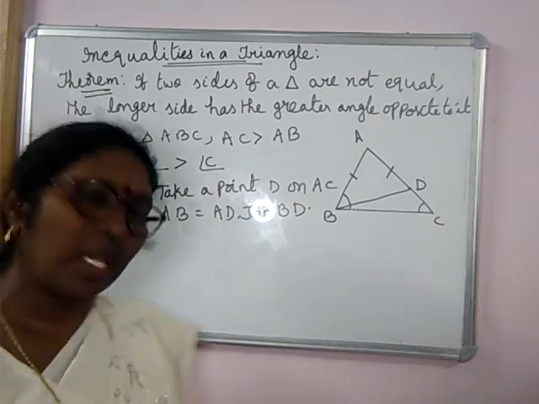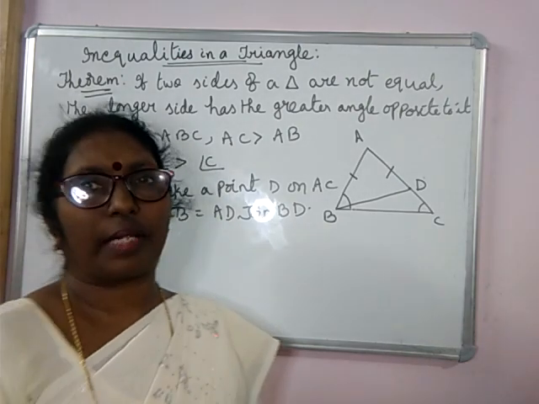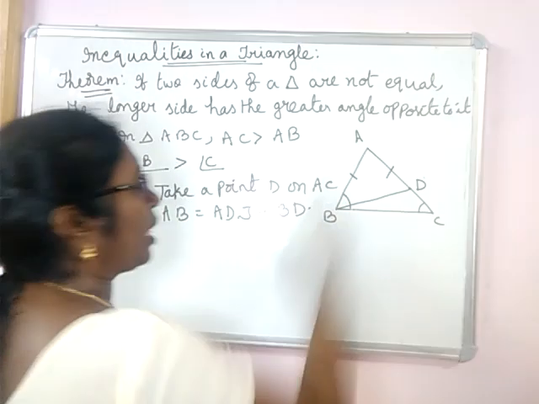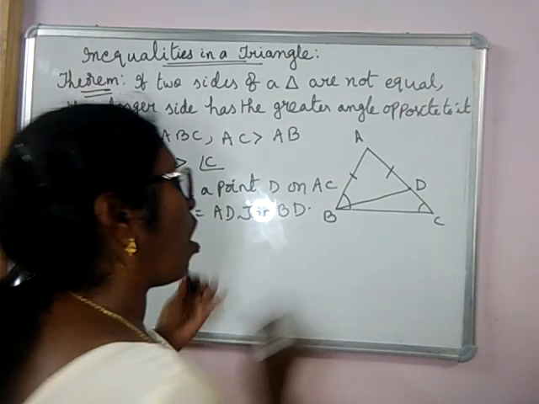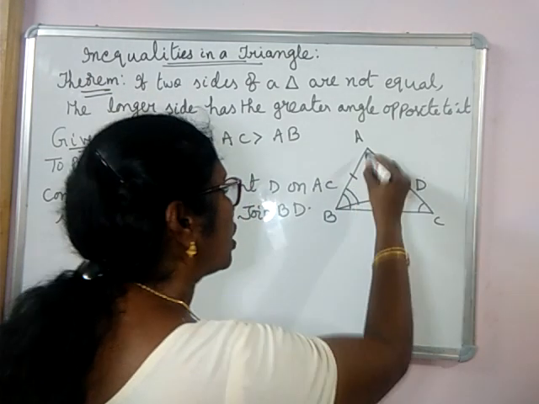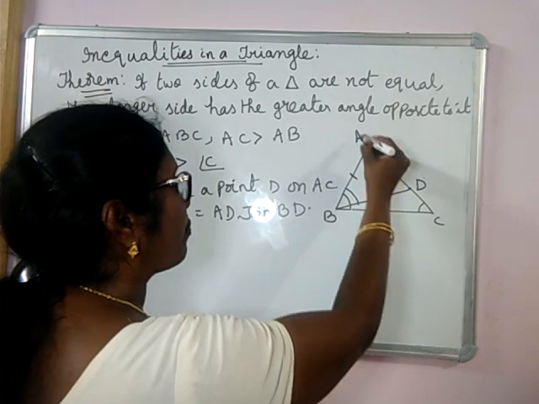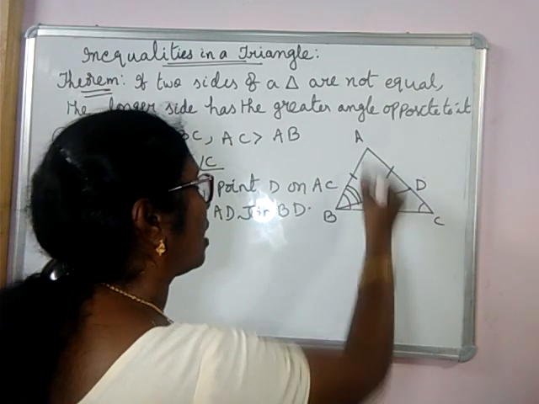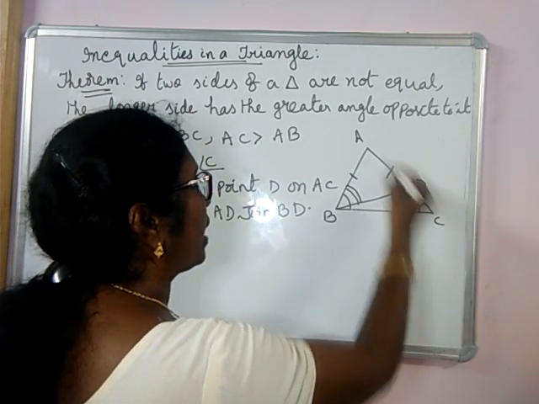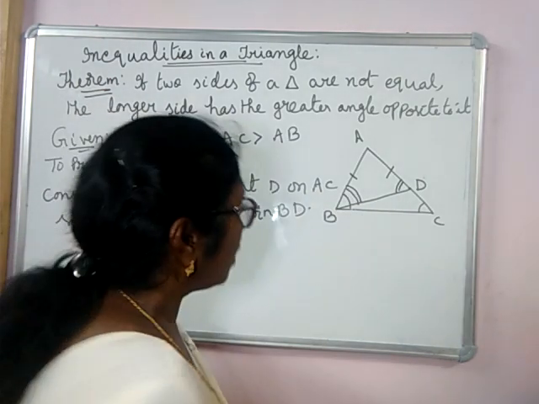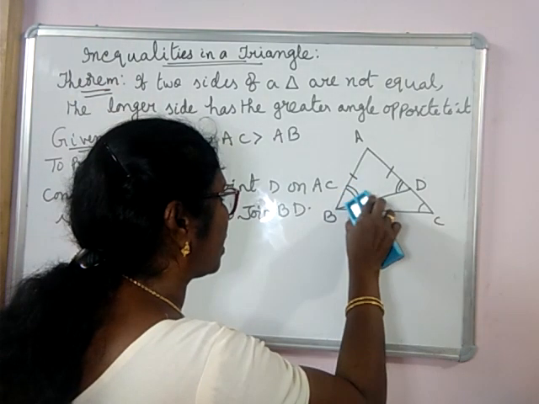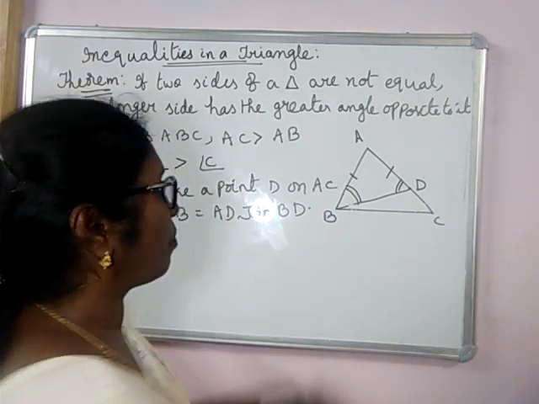In the previous class, you have learned that if in a triangle two sides are equal, their opposite angles are equal. So in triangle ABD, if AB is equal to AD, angle ABD is equal to angle ADB. Let me clear it for your better understanding.